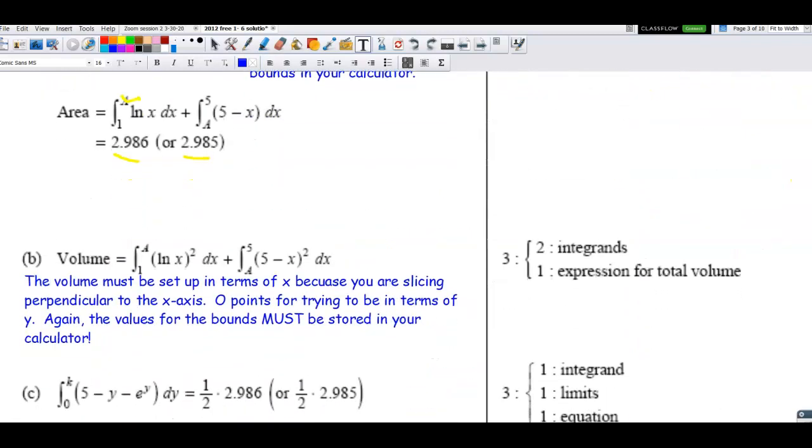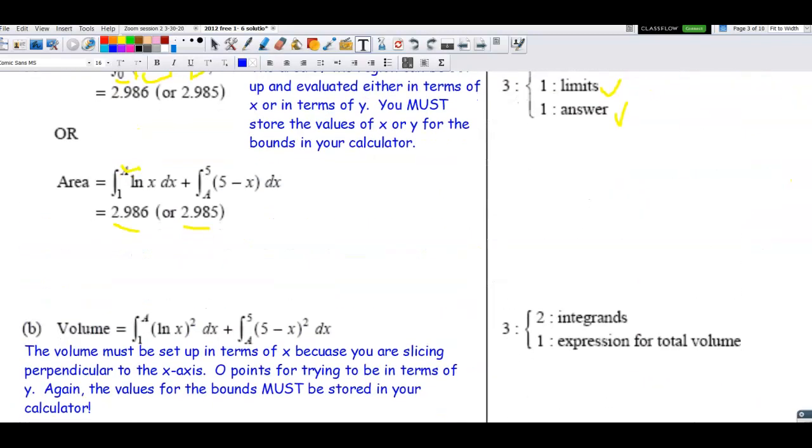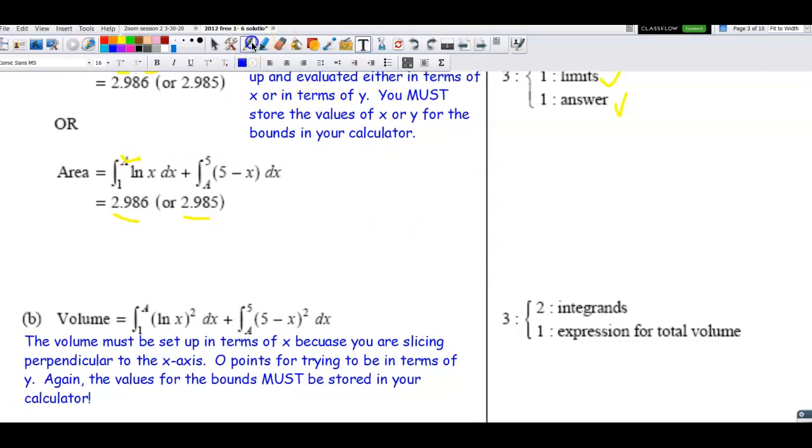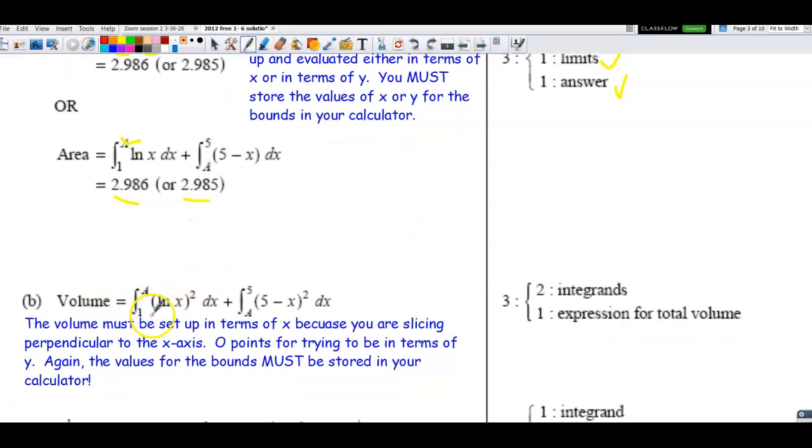Okay, so when we come down here and look at the work for part B, we're going to go from 1 to the point of intersection in terms of x, side squared, so it's ln of x squared, side squared, dx, plus, start at that point of intersection, go to 5 minus x quantity squared, the side squared.